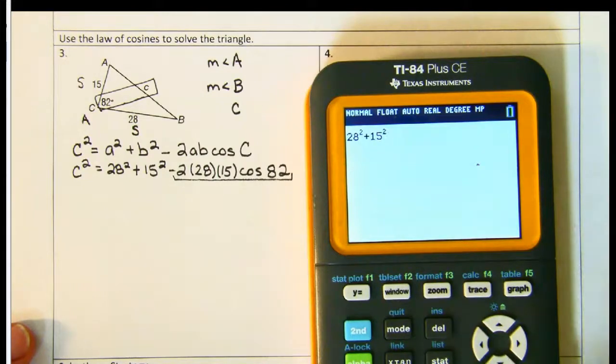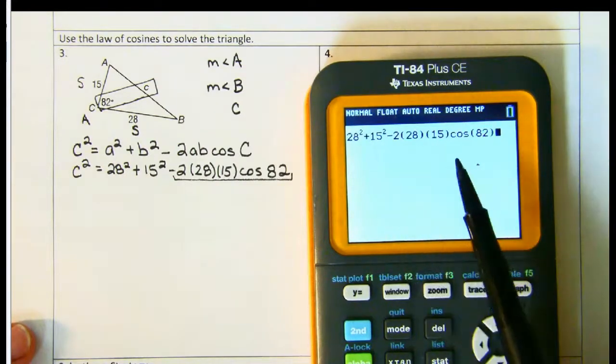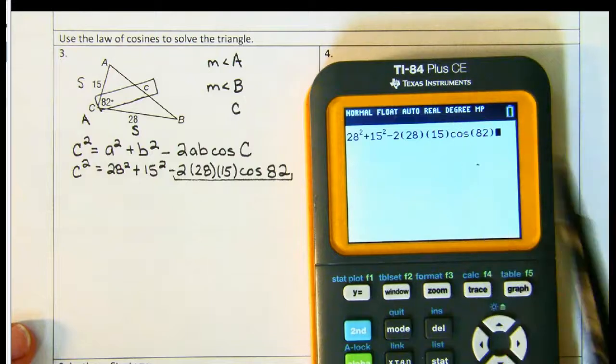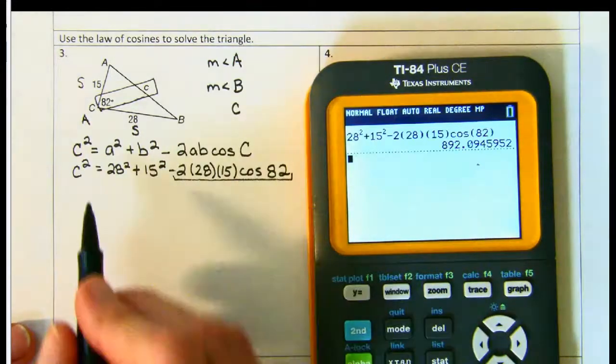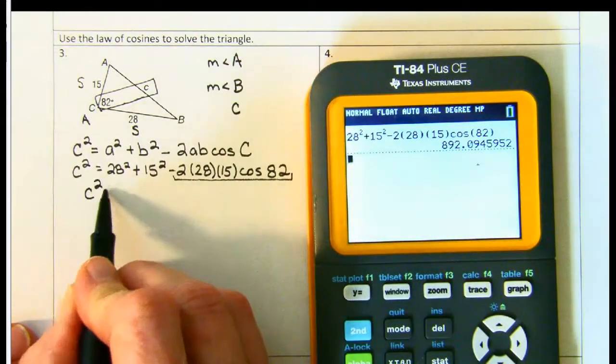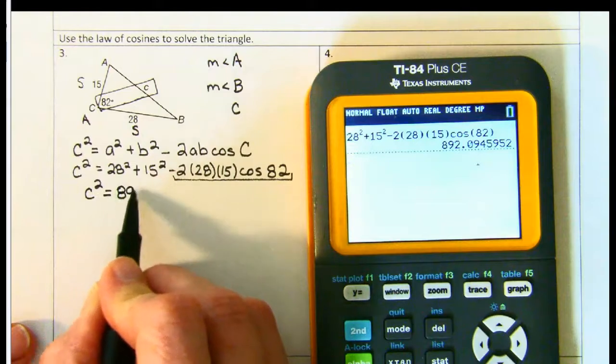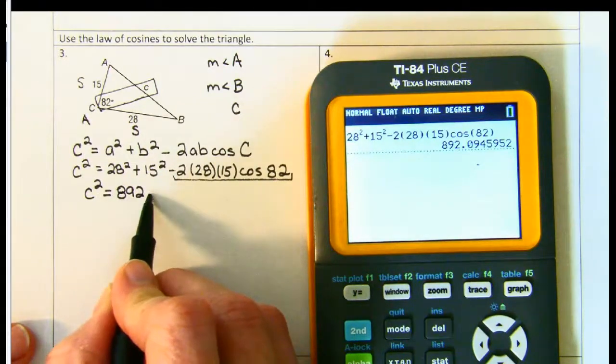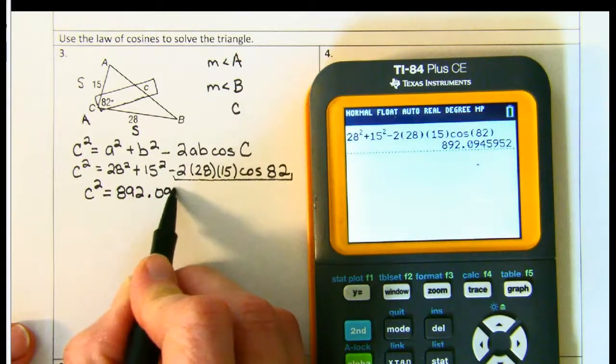So we just start typing in, and then we're going to do cosine 82. Now notice, I type this all in one big thing. I am in degree mode. I hit enter. I'm going to write down c squared equals 892.0946.